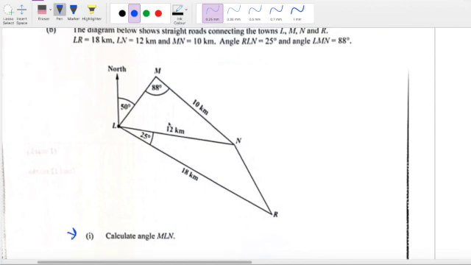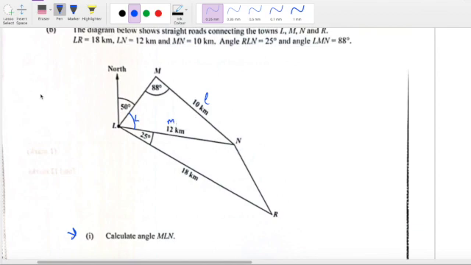So we want this angle here. And let's call this the angle L, and this will be the side small l. So we have the side l and we have the angle L. We have this angle M, and we have the side small m.